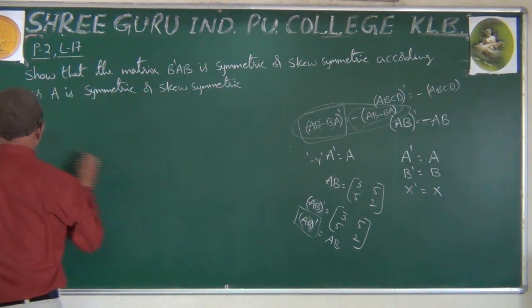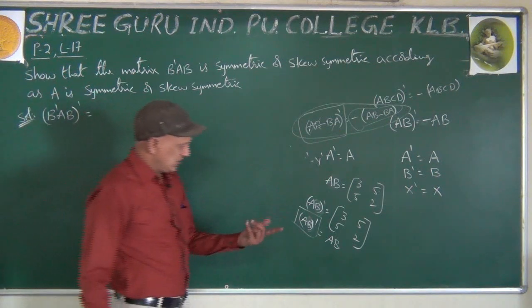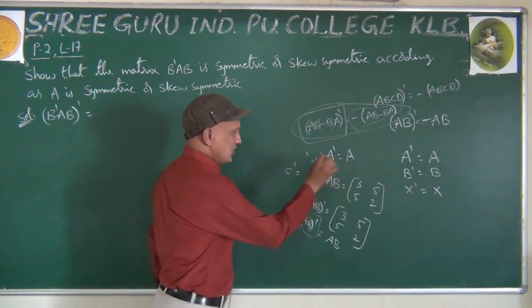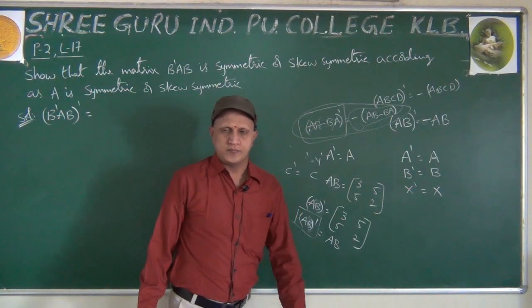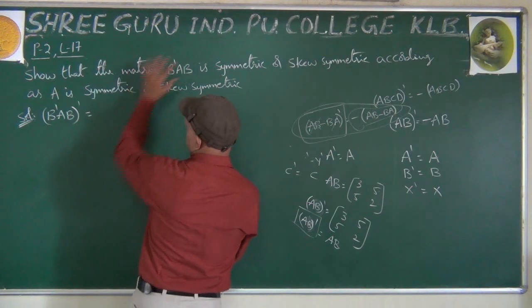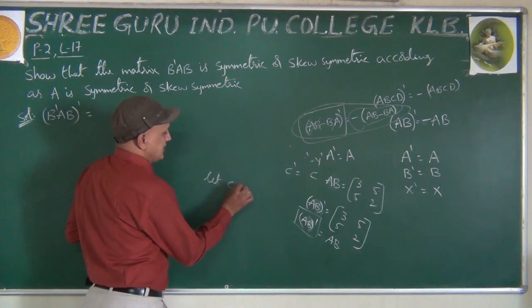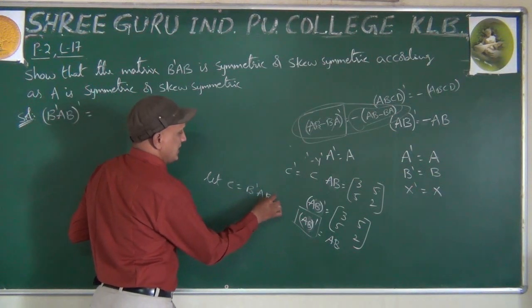So here, first of all, B dash AB whole dash, C dash we have to find out. C dash equal to C or minus C. If you have confusion, you can start writing like C equal to B dash AB.